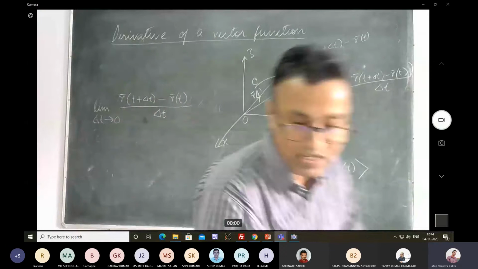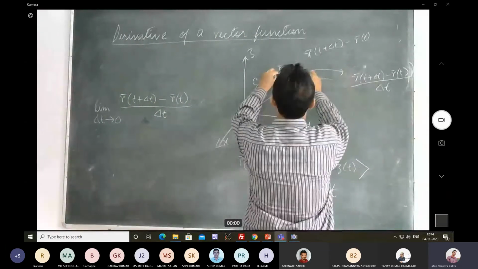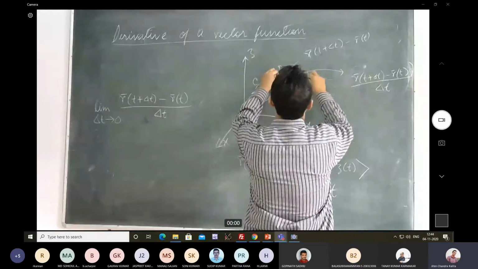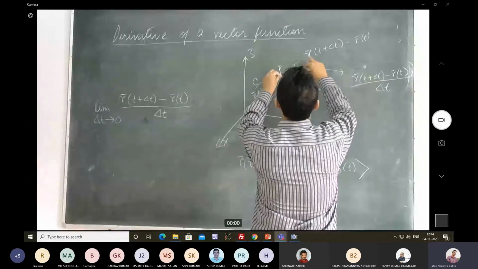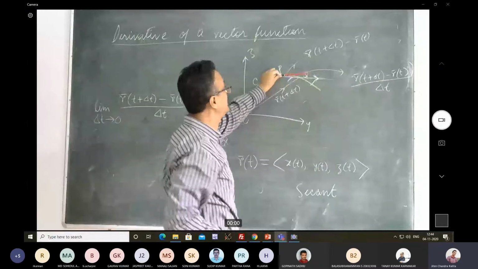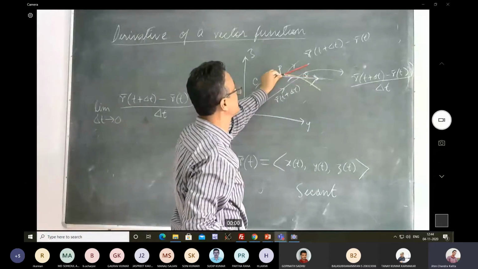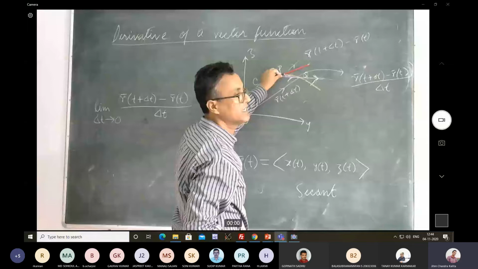Basically, P is fixed. I am going to move it like this. Eventually, this is going to be a tangent. It was like this, and I am going to move it near and nearer, so eventually it is going to be a tangent.